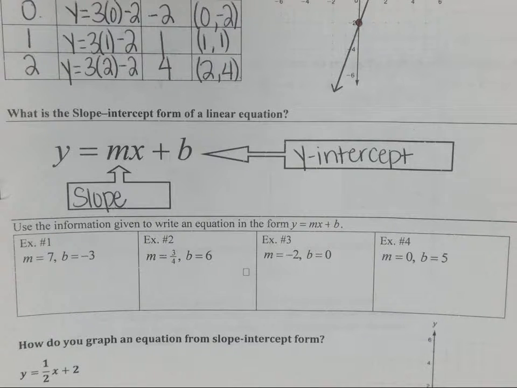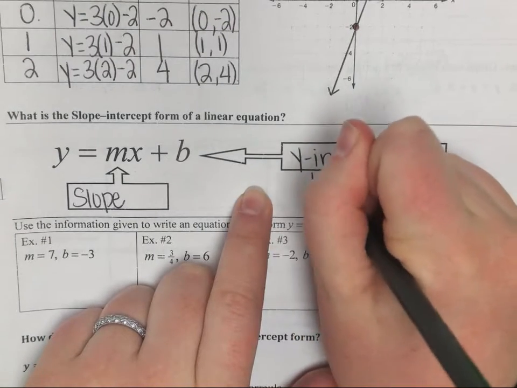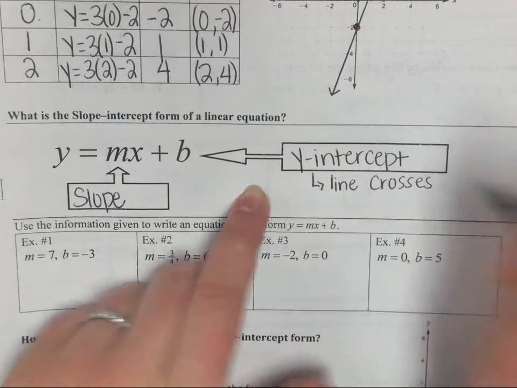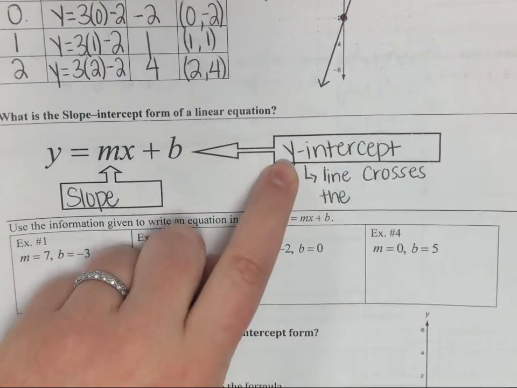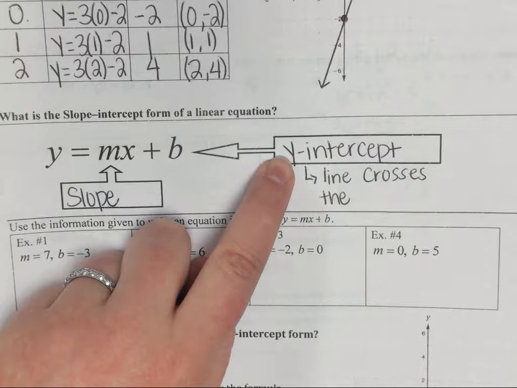When we have an interception in football, that's where that ball and that football player meet. That football player catches the ball. It's where they meet. It's where they cross paths. So when we have a y-intercept, it is where our line crosses paths, runs into the, well, if it's the y-intercept, it's going to cross the y-axis.